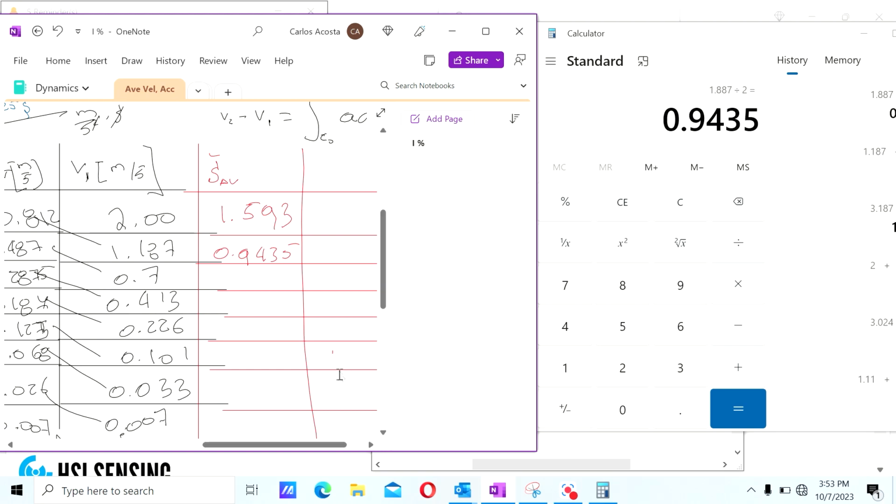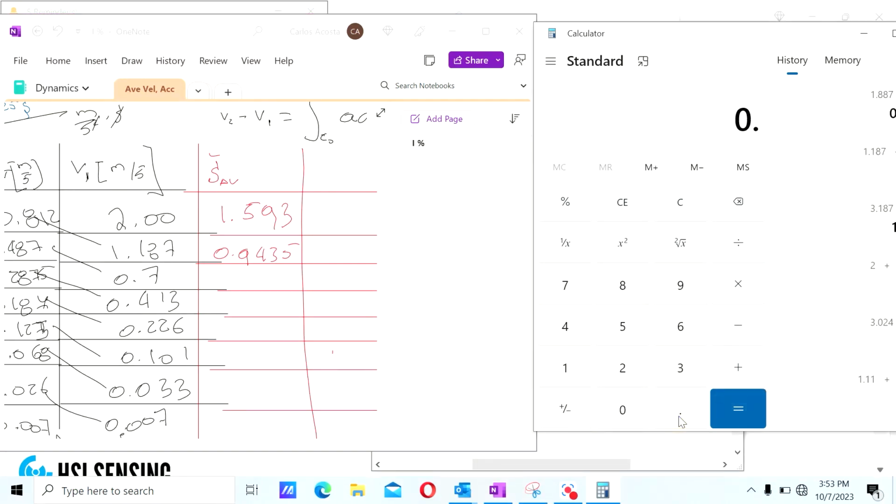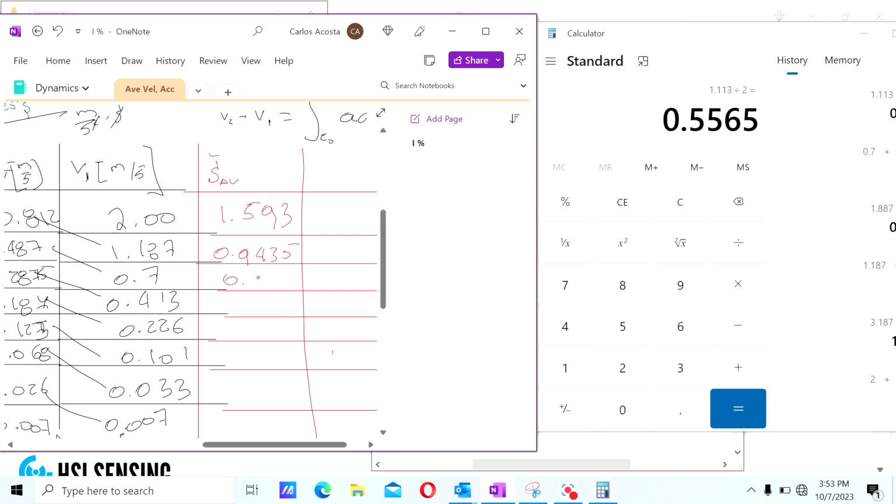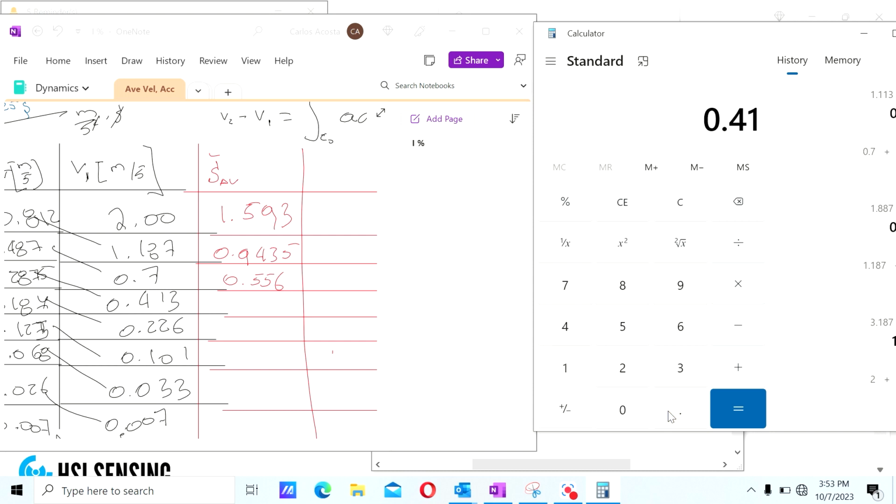Then we have 0.7 plus 0.413 divided by 2 is 0.556. Then we have 0.413 plus 0.226, enter, divided by 2 is 0.319.